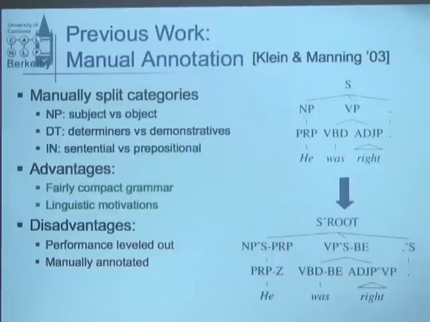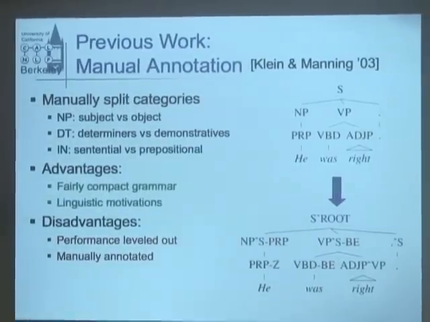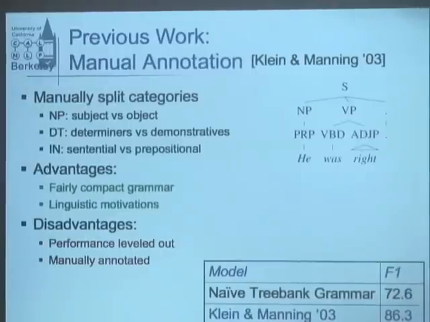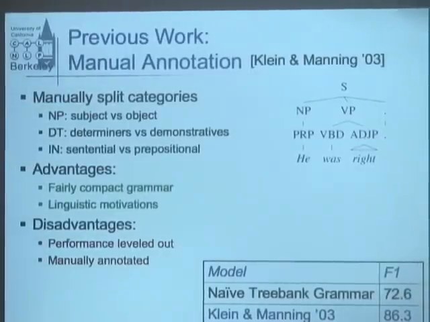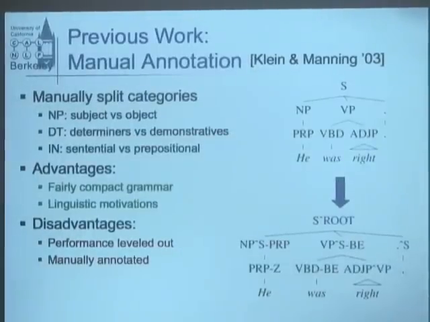Okay, there's some previous work on this. My advisor, when he was a grad student at Stanford, spent a bunch of time refining those grammars, first by annotating them with structural information in the form of parent and sibling annotation, and then manually doing an EM-type hill climbing, where he hand split the categories into linguistically meaningful subcategories and checked whether this actually helps improve parsing performance.